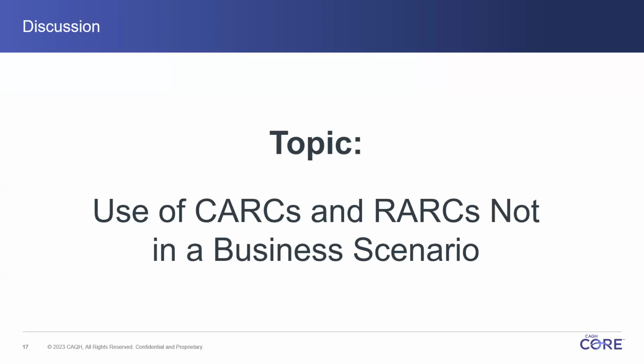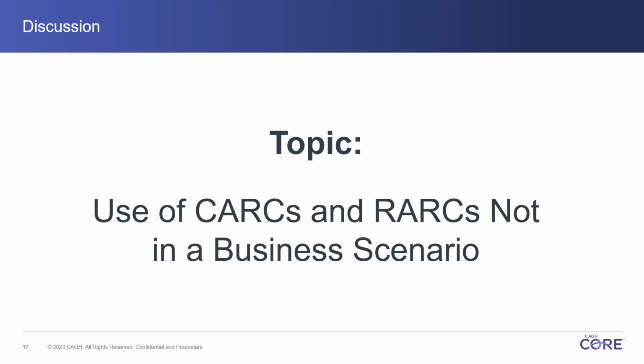So RARCs tend to be suggestions, but they are actually mandated in some cases, used in the CORE operating rule business scenarios, and used when the CARC code description says use a RARC. But beyond that, they just provide so much information that the provider needs to know. Remember that the 835 is a transaction for the provider, right?